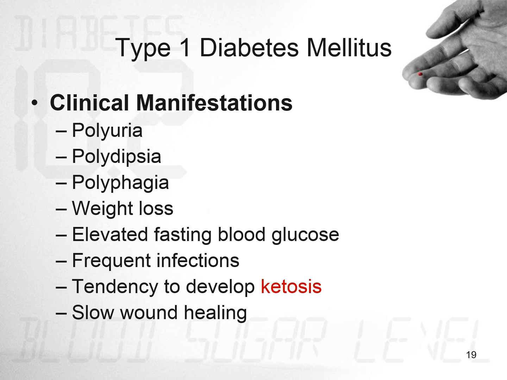Our clinical manifestations for type 1 diabetes are going to be polyuria, polydipsia, polyphagia, weight loss, elevated fasting blood glucoses, frequent infections, a tendency then to develop ketosis, and slow wound healing.